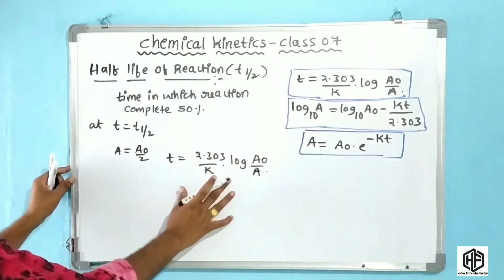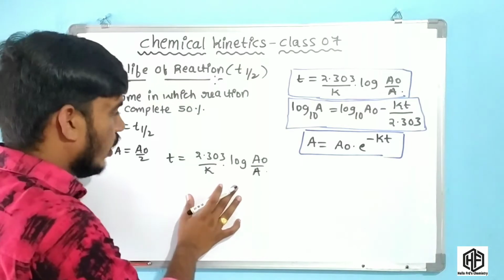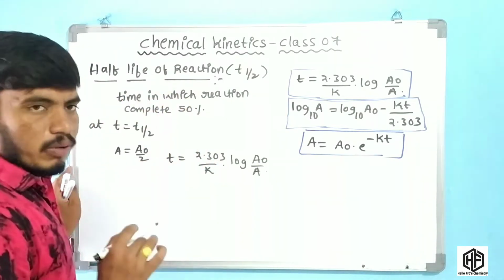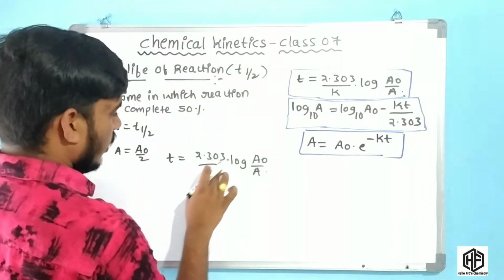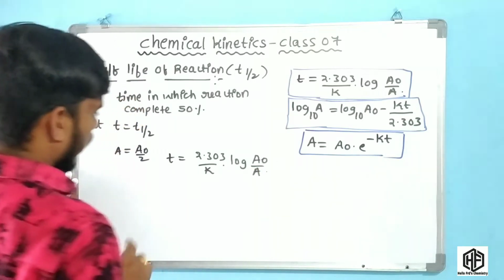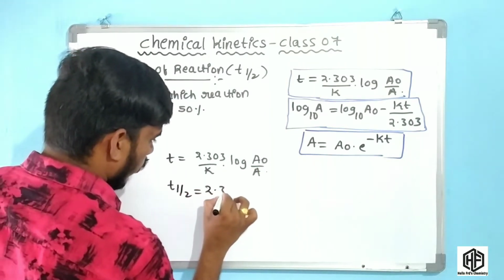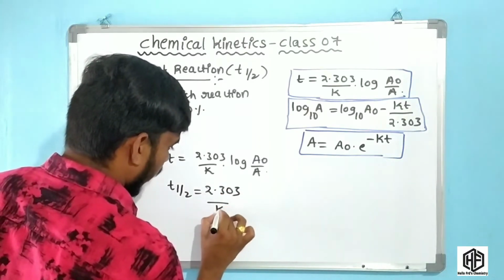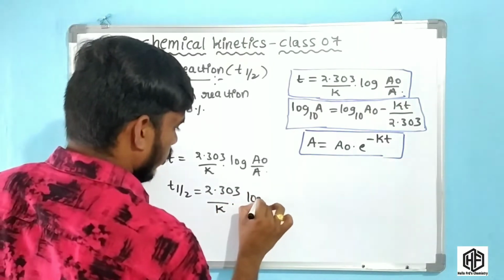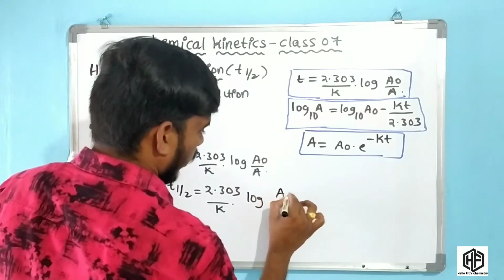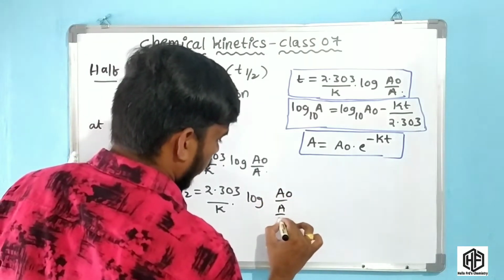This is the equation present in the integrated rate law of first order reaction. For t½, we have t½ = 2.303/k × log a₀/a, where a = a₀/2.